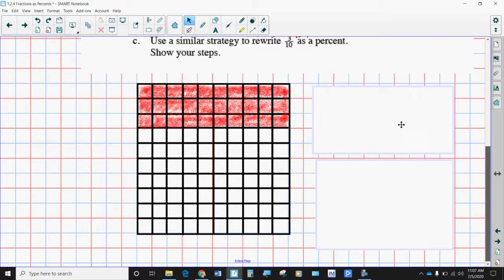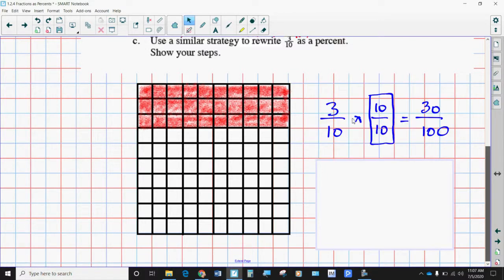Well, essentially what we've just done is this. We took a representation of 3/10 and we turned the 3 into 30 by breaking this into 10 equal parts. And we took the 10 and made it 100 by breaking that into 10 equal parts. So we've essentially changed 3/10 to 30 out of 100.